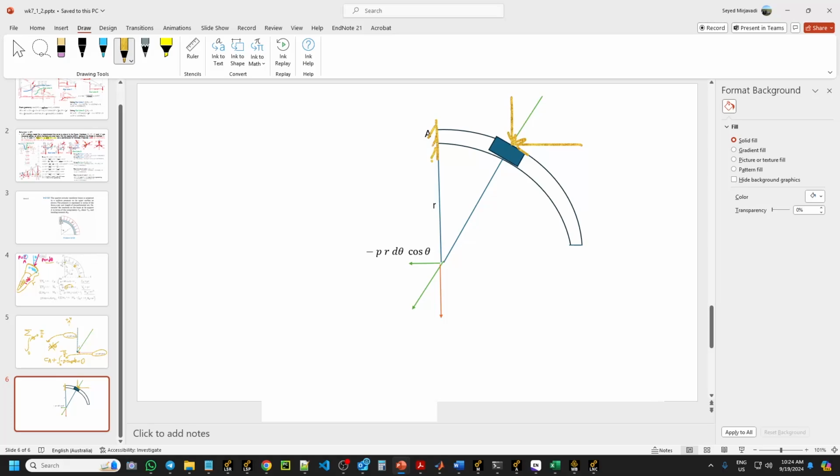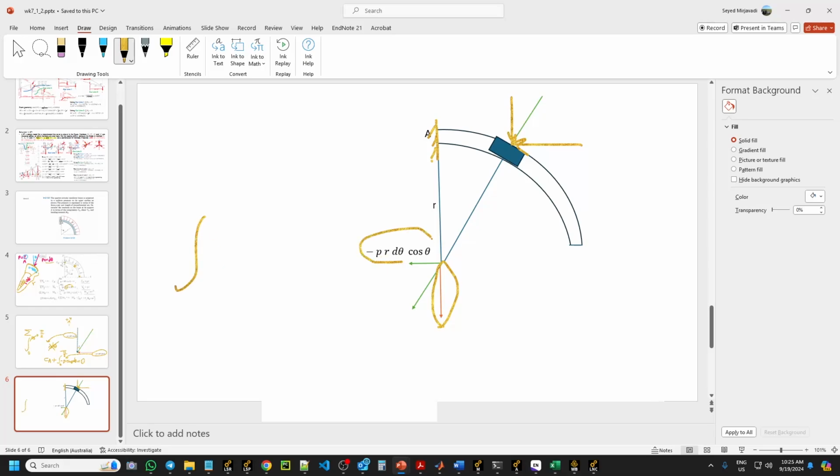So you need to make sure that the moment of one of these components will be equal to 0. I will move this force to these points, and the moment of this y component will be equal to 0 because it is passing through A. How much is the moment arm for the x component? It is equal to r, because the radius of this circle is r. So it will be minus PR d theta cos theta.